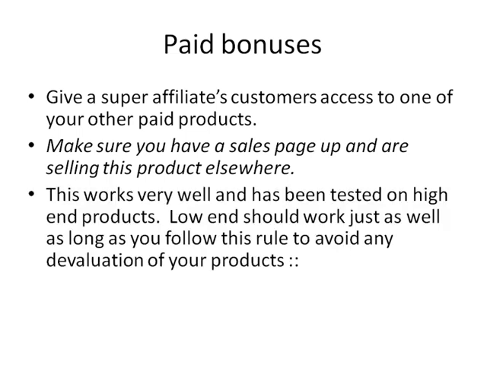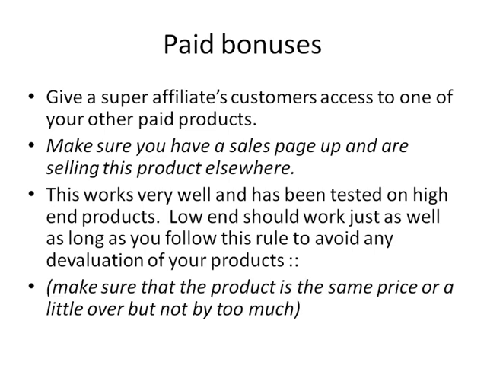And this works very well and has been tested on high-end products. Now, the low-end should work just as well as long as you follow this rule to avoid any devaluation of your products. That rule is to make sure that the product is the same price or a little over, but not too much.